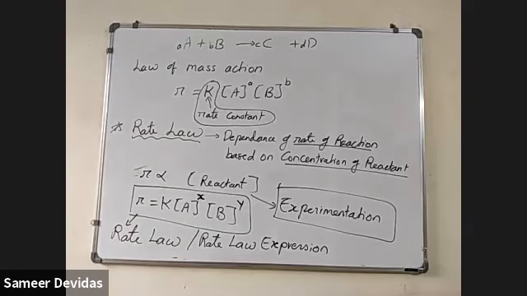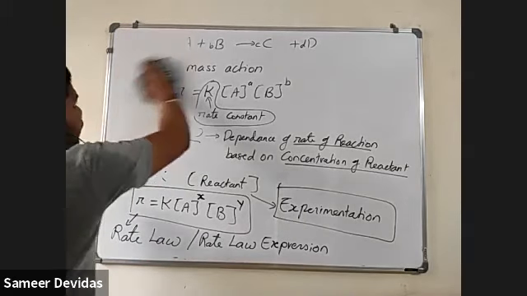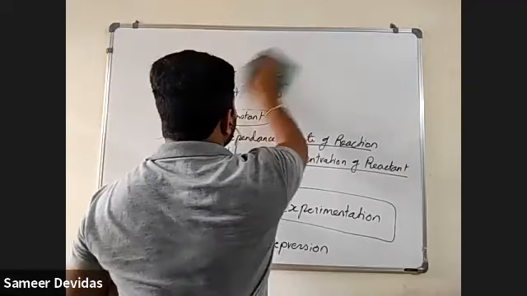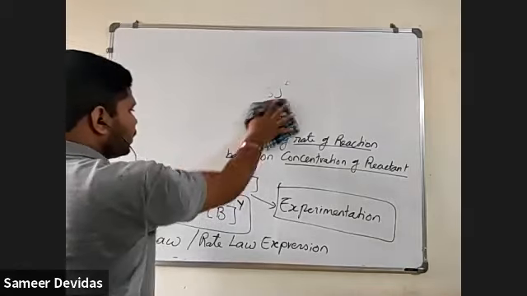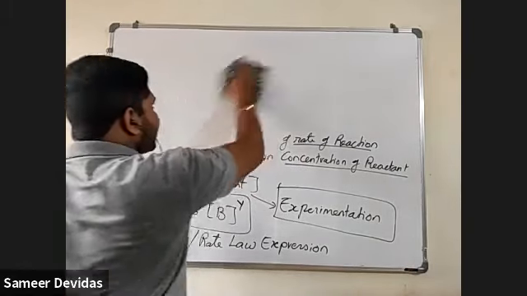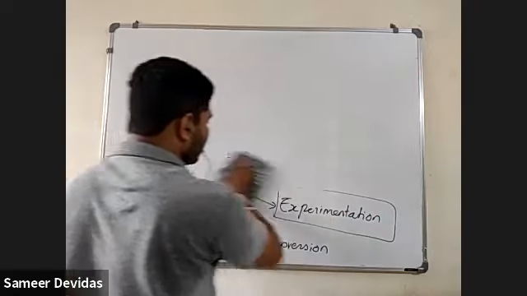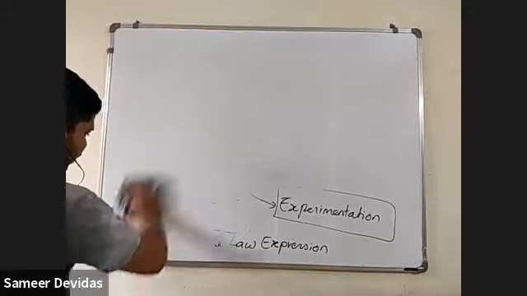Okay, we'll take one problem now. In this problem, I will give you one chemical reaction and experimental observations, and based on those observations, we have to write what? What are we going to do now? What were we solving? Rate law. Don't sleep.